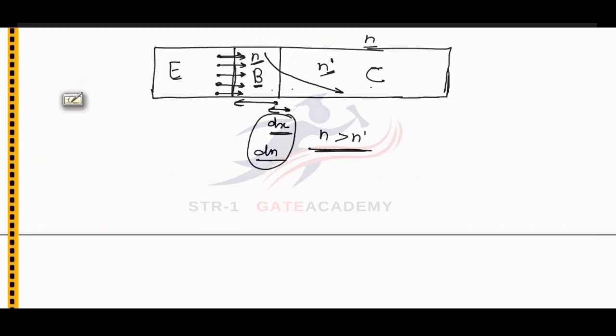Now the area of collector region is kept very large. This is kept very large to ensure that the heat generated at this collector junction should be properly dissipated to the surrounding.